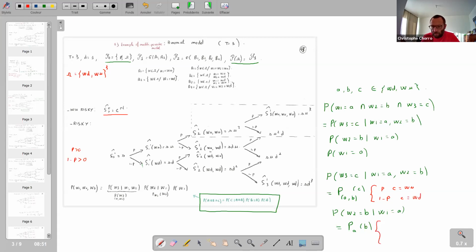The same for this one: P if B is equal to WU, and 1 minus P if B is equal to WD.